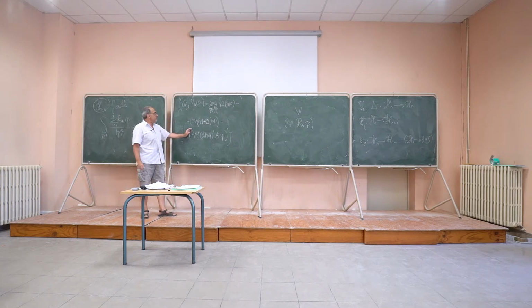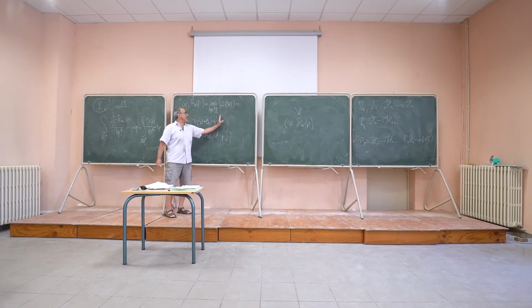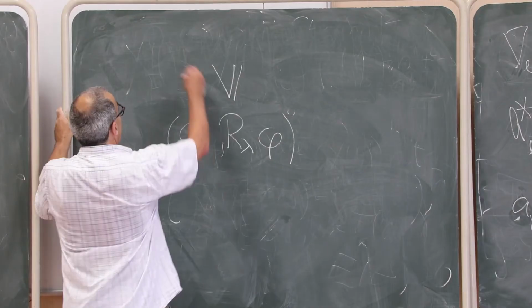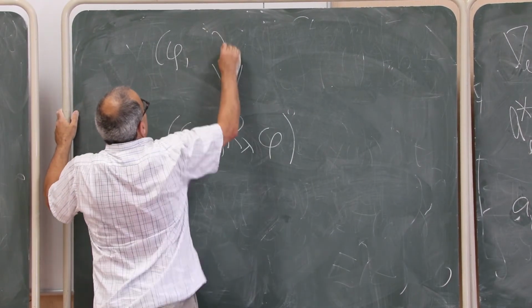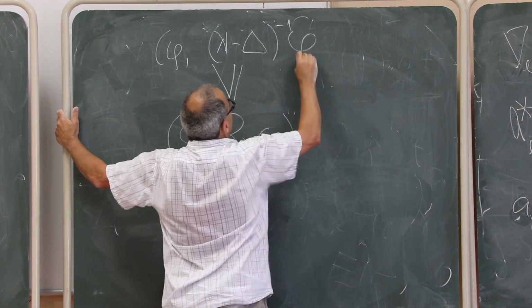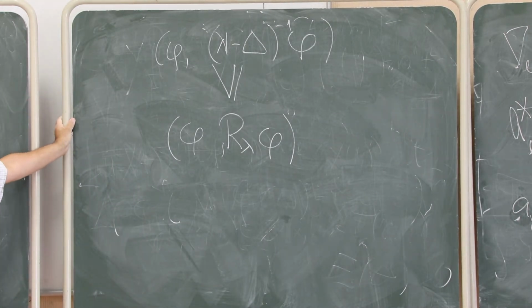If I forget about this, take the supremum over that, elementary linear algebra, if you wish, gives me that the supremum taken over the first two terms will give you just phi, (lambda identity minus Laplacian) inverse phi. But these are very concrete objects. You can compute them. This is computable.